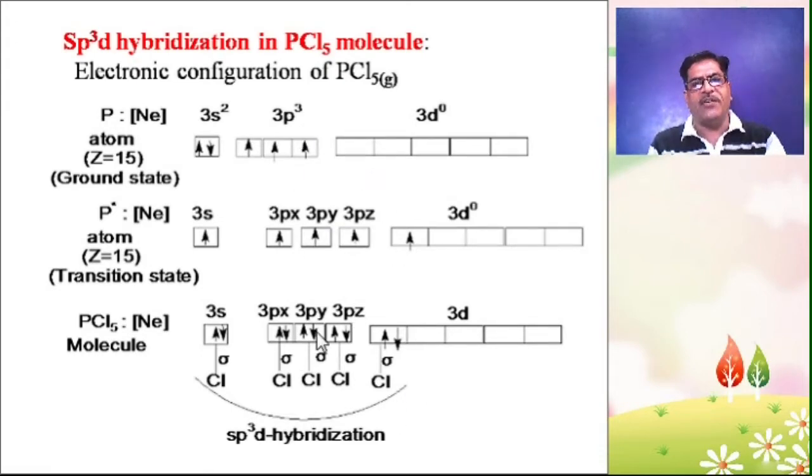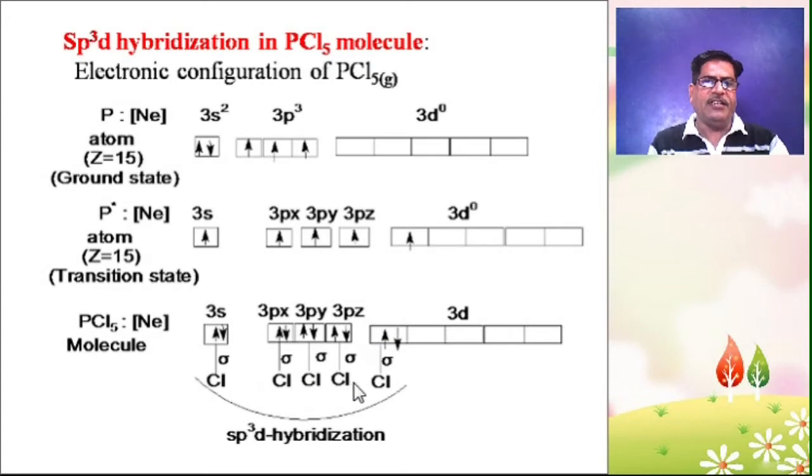So there are 5 electron pairs available in sp3d hybridization. The 5 unpaired electrons, one in each of the 5 Cl atoms, each combine with the 5 unpaired electrons of the phosphorus atom to form 5 bond pairs of electrons, forming the PCl5 molecule.